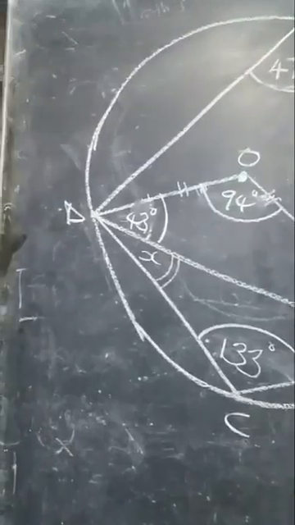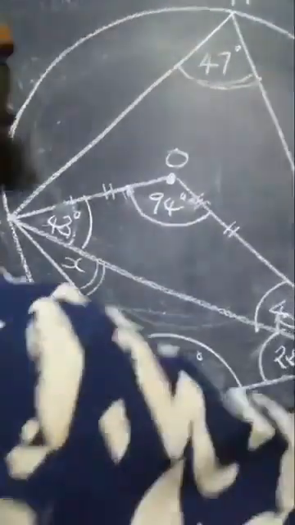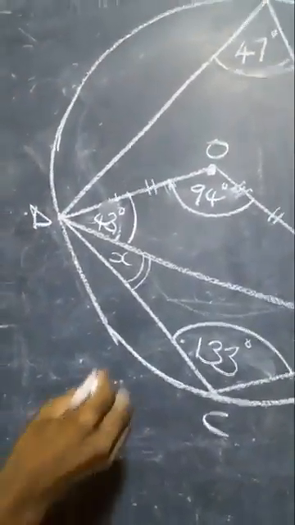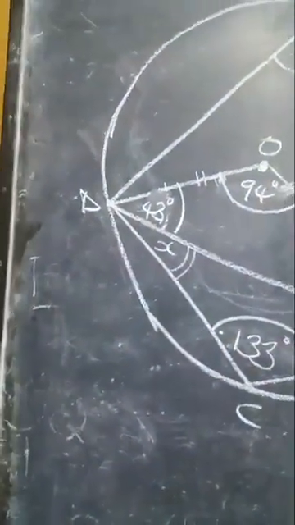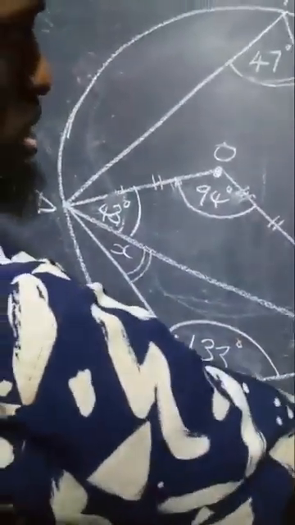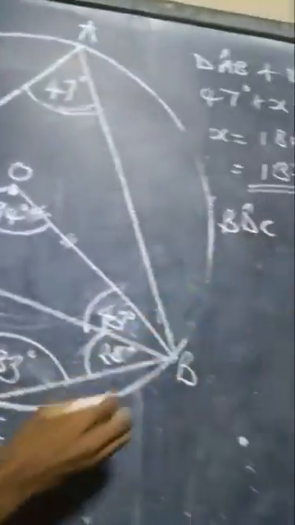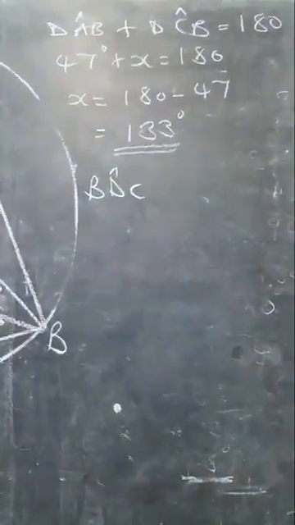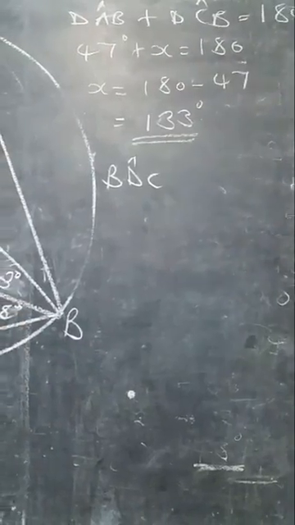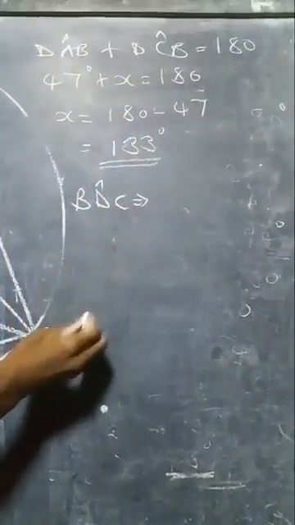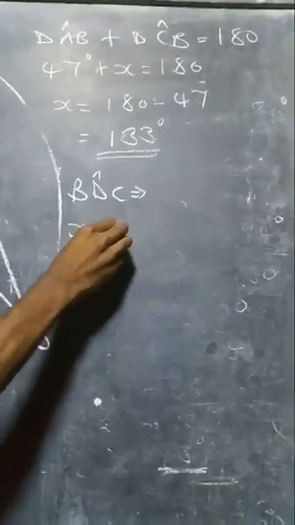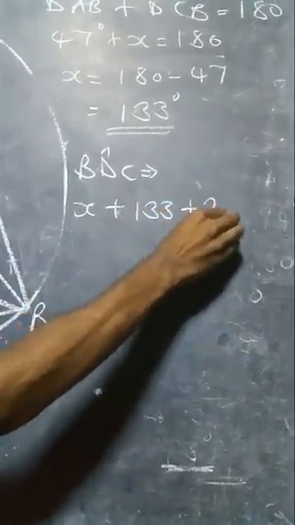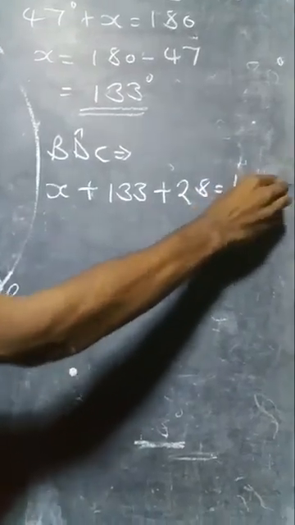So finding BDC, it's very simple. It's x plus 133 plus 28 is equal to 180.